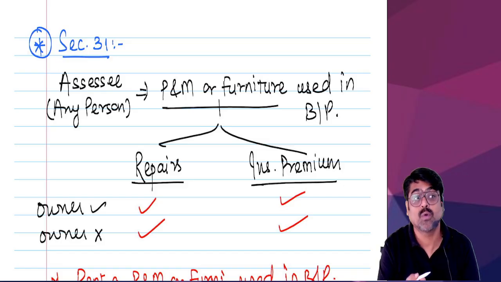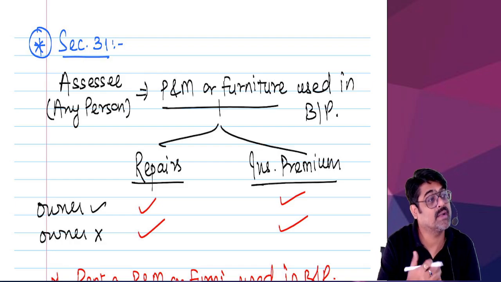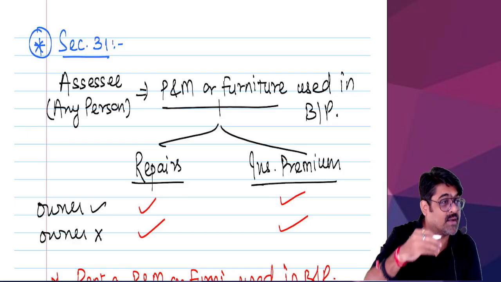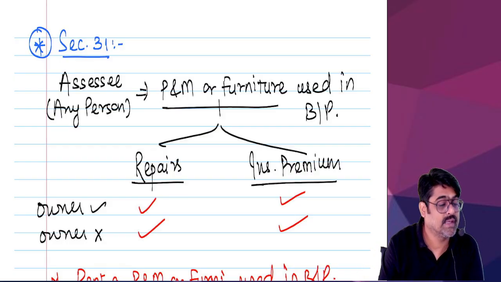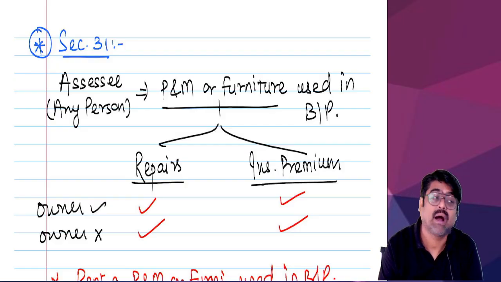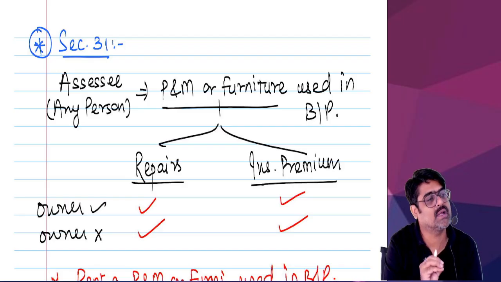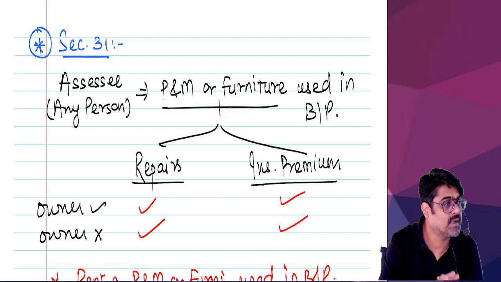But if you just do selective study and don't pay attention to the details, then that paper was crafted in such a manner that these small points are exploited. Case scenarios were difficult according to the students. But according to me, the paper was just a little bit lengthy, that's it. The paper was not at all difficult because everything came from whatever I have taught in the class.